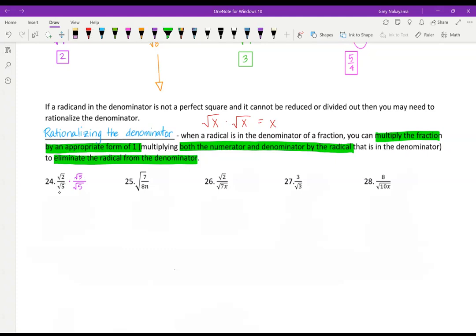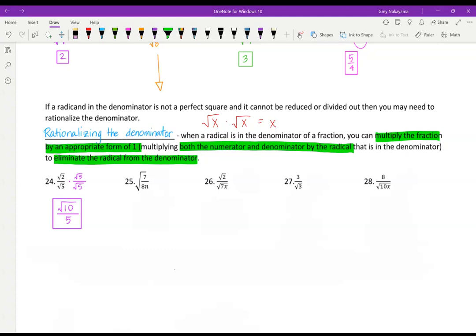But on the bottom, square root of 5 times square root of 5 is 5. So I get the square root of 10 over 5. If you want to write the intermediate step of the square root of 25, go ahead, but I really think it's important for you to know the square root of 5 times square root of 5 is 5.